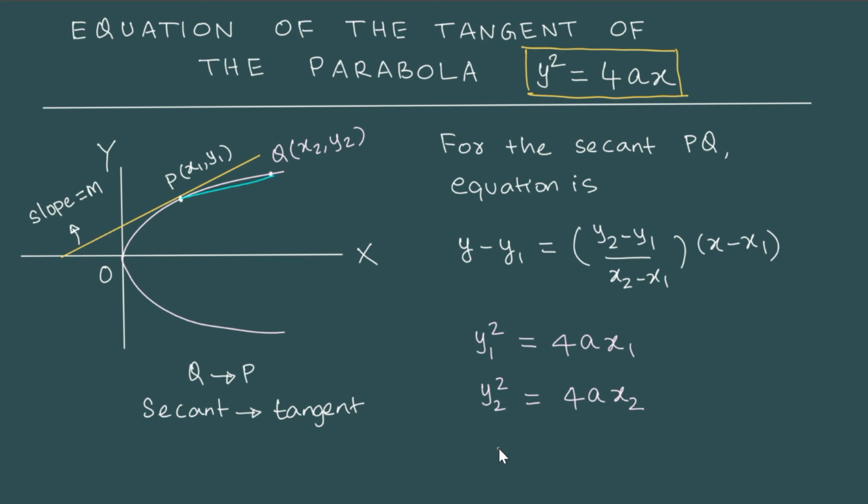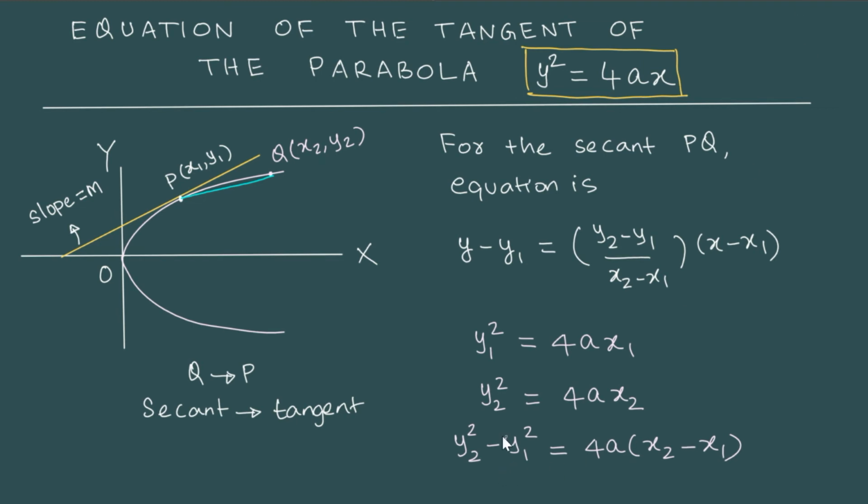Now, here I am trying to get the slope from these two equations. So what can I do? I will subtract the first equation from the second equation. So I will end up having y2 square minus y1 square is 4a into x2 minus x1.